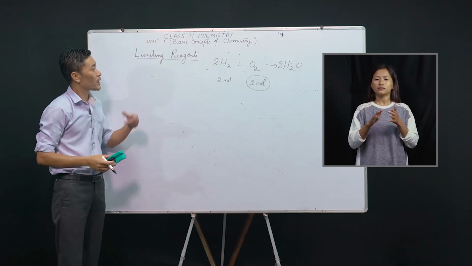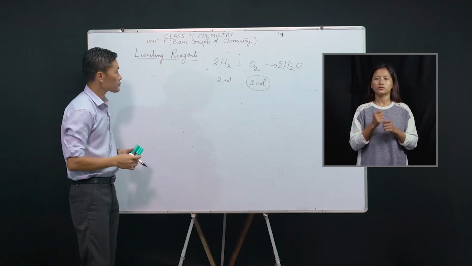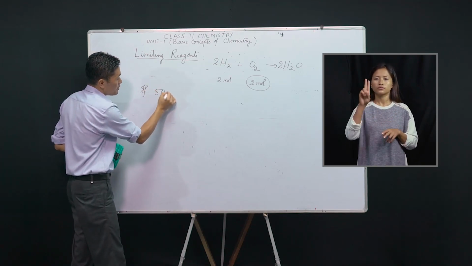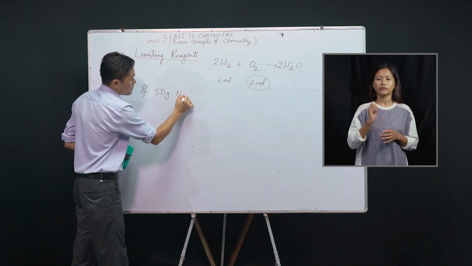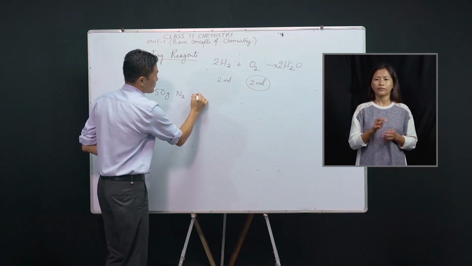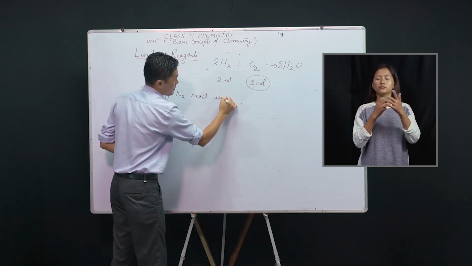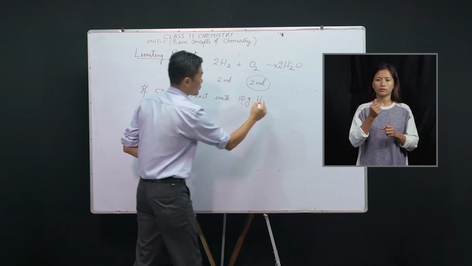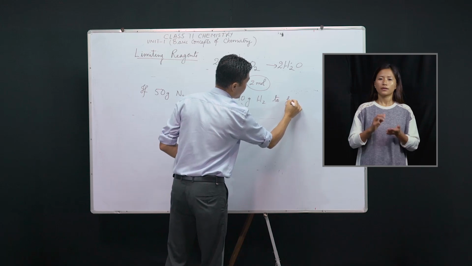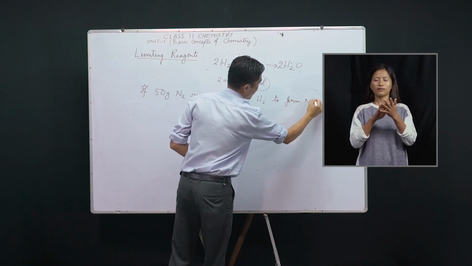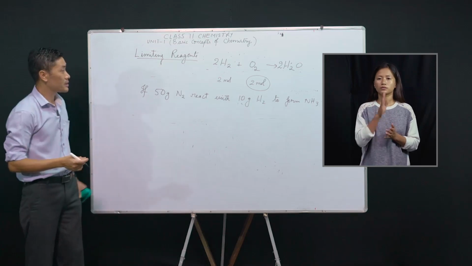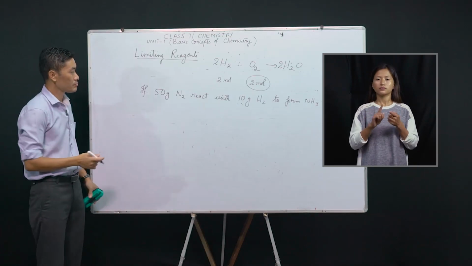Let us try to understand this with another example. If 50 grams of nitrogen reacts with 10 grams of hydrogen to form ammonia, which will be the limiting reagent in this reaction?